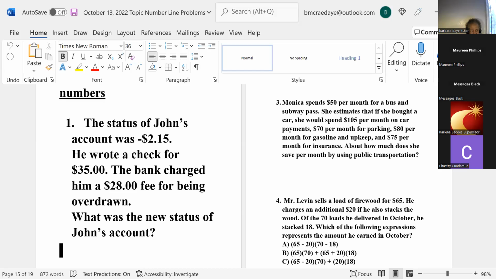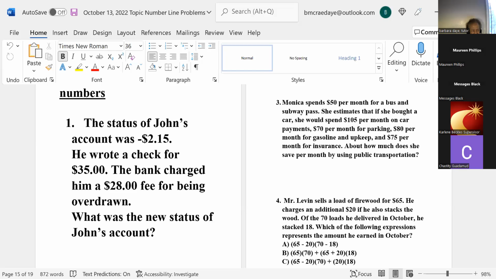The bank charged him a $28 fee for being overdrawn. So he's asking what's the new status of John's account? Mercedes, what's the new status of John's account?